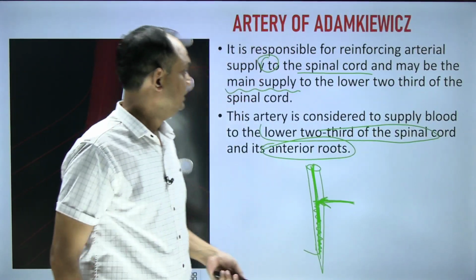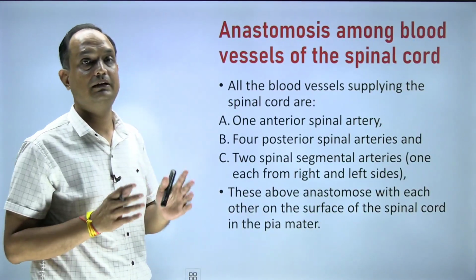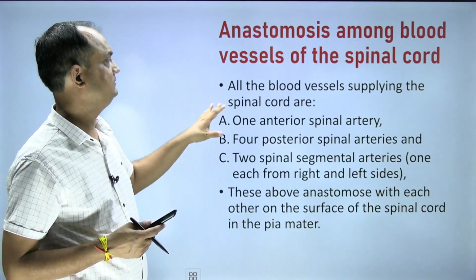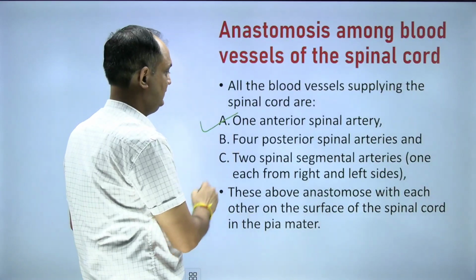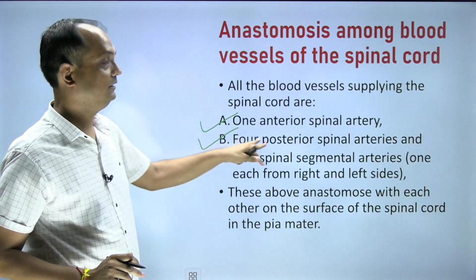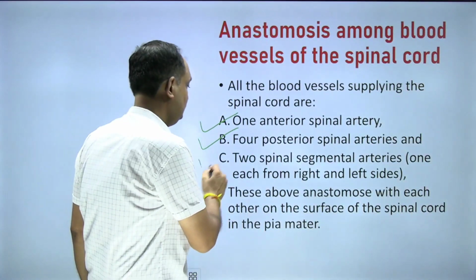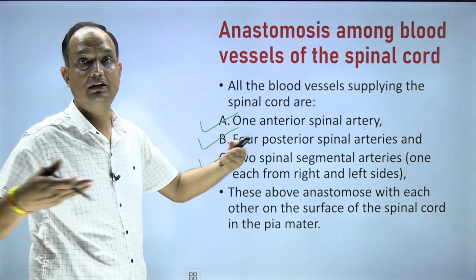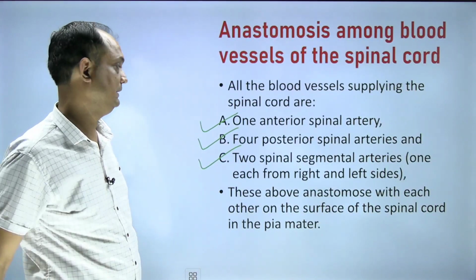Clear? Now what we are able to understand from this arterial supply is that all the blood vessels supplying the spinal cord are: one anterior spinal artery, then four posterior spinal arteries, two on the right side and two on the left side, and there are two spinal segmental arteries which are coming from the arteries in the vicinity of the spinal cord.